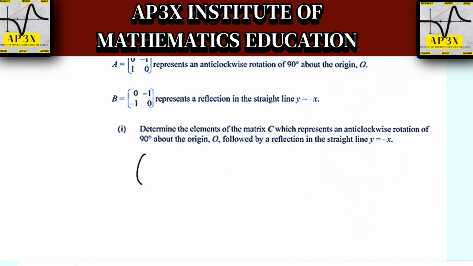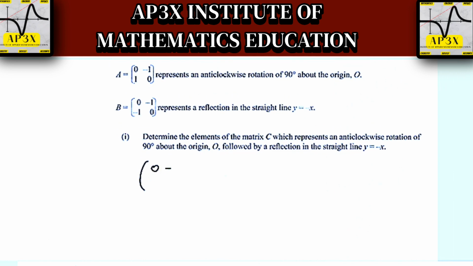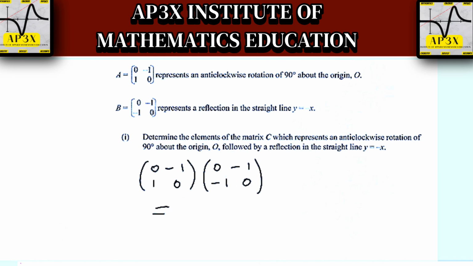So that's 0, -1, 1, 0 multiplied by 0, -1, -1, 0. So row by column: 0 times 0 is 0, plus -1 times -1 is 1. Then 0 times -1 is 0, and -1 times 0 is 0.